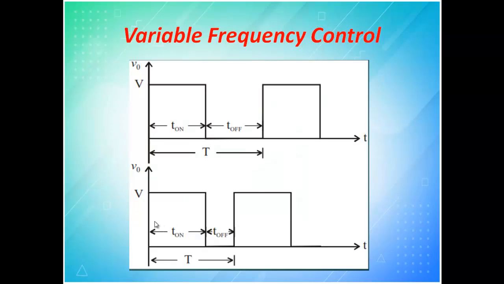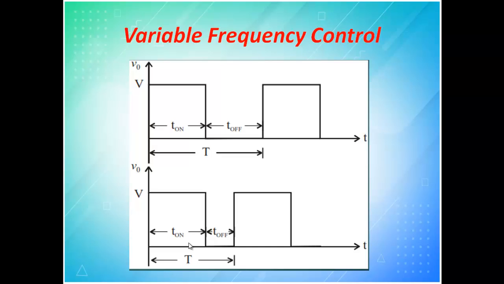So you can see here T is itself varied. Here you have greater T, which means smaller F, here smaller T, which means higher F, because they are inversely proportional. F is equal to 1 by T. When T is varied, it will inversely have an effect on F. More T means frequency is less.